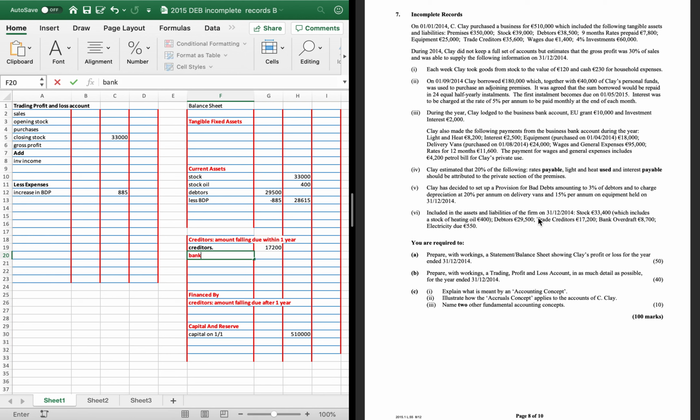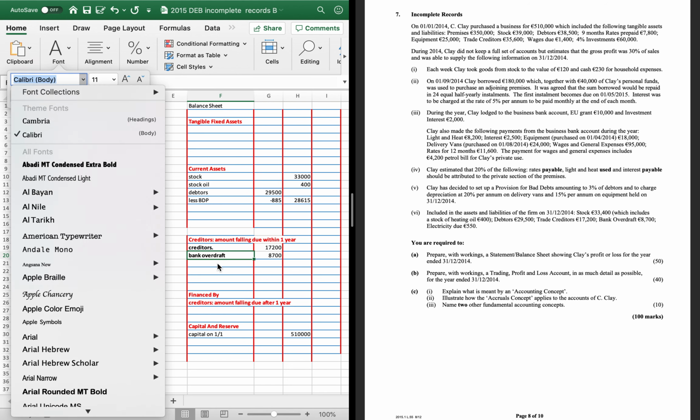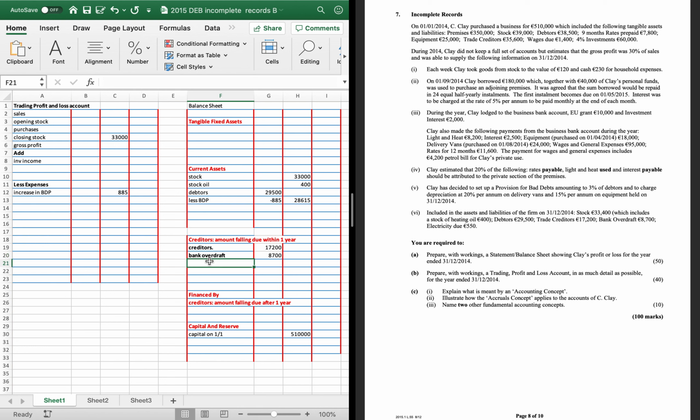As I said, that's a great thing to see because it means you don't have to do a working for that. Most of these questions, you get a bank in the current assets. If it's an overdraft, it's a liability. Electricity due of 550 is going to be a liability.